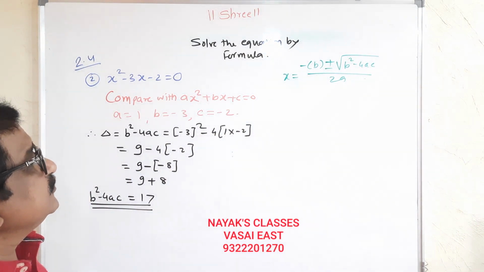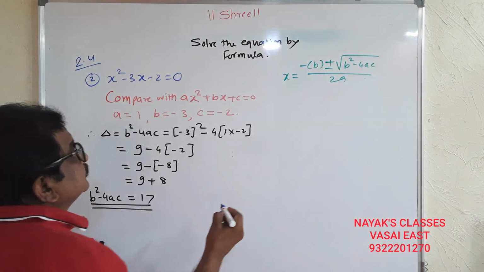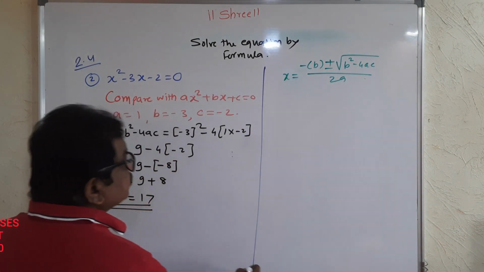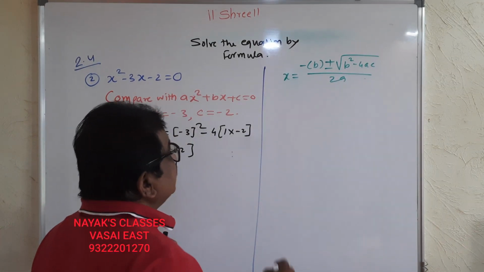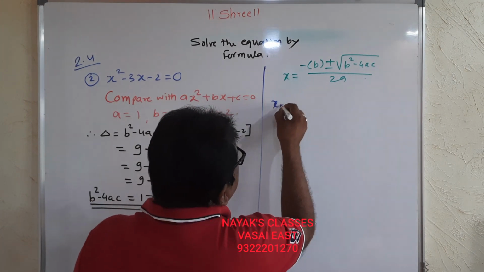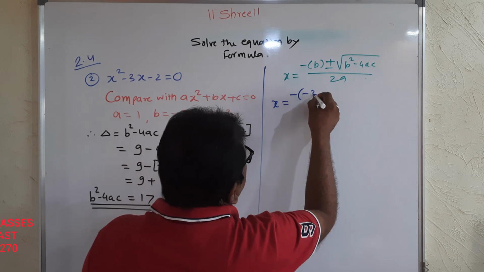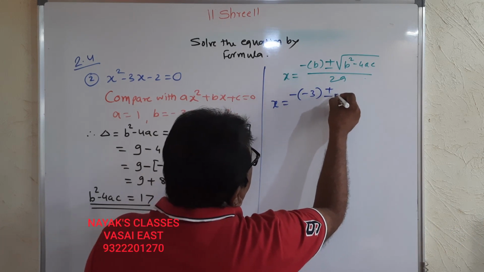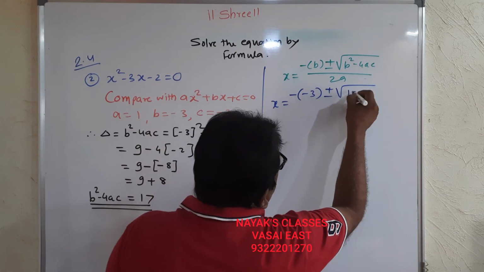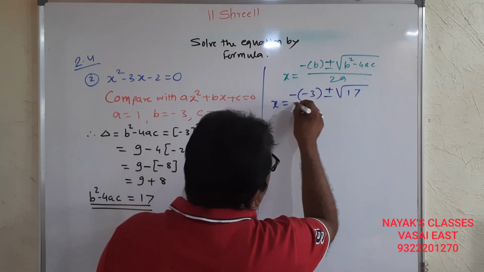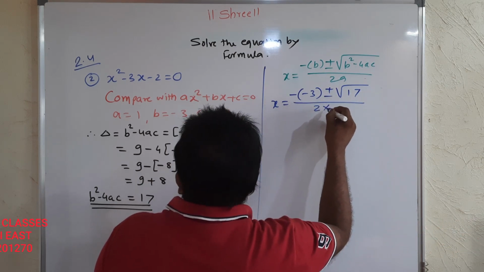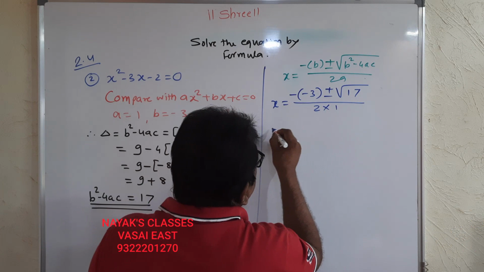So put the values directly there. x is equal to minus b, that is minus 3, plus minus under root 17 upon 2 into 1.